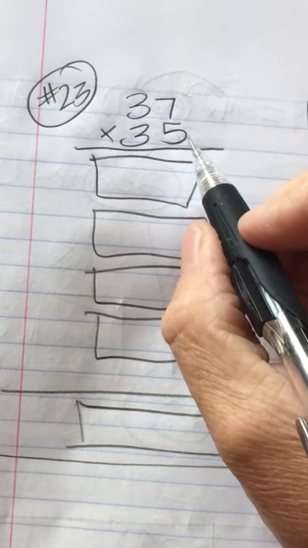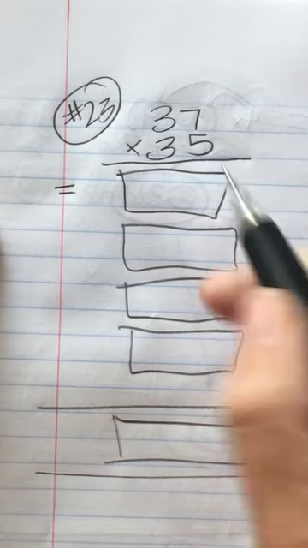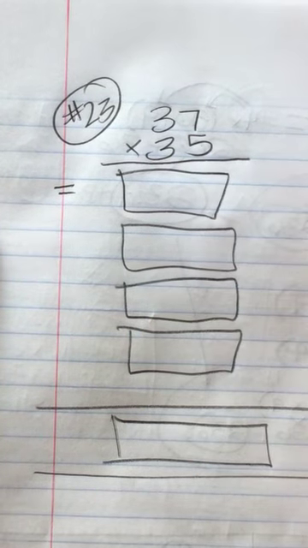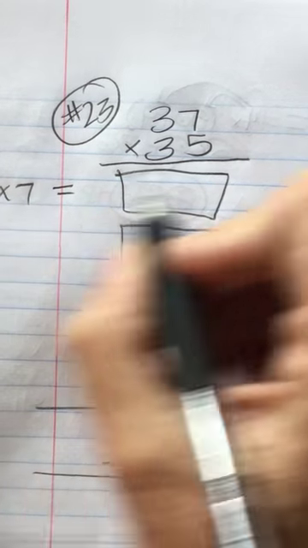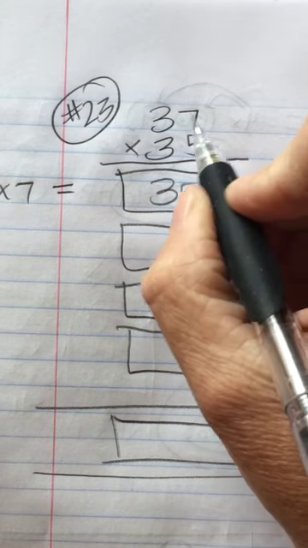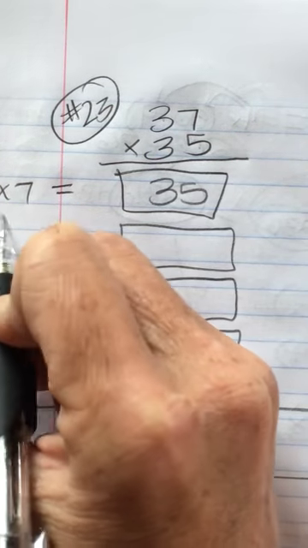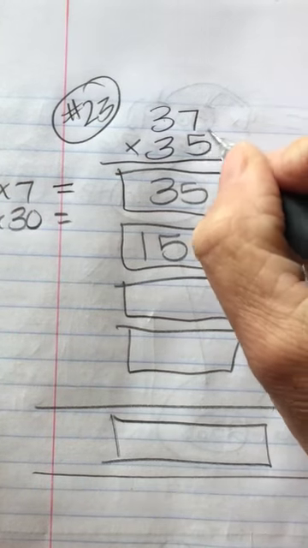All right, so I'm gonna put my equal sign here. First, I'm gonna multiply 5 times 7, and that's 35. Then I'm gonna multiply 5 times 30, and that's 150. I'm done with my 5.